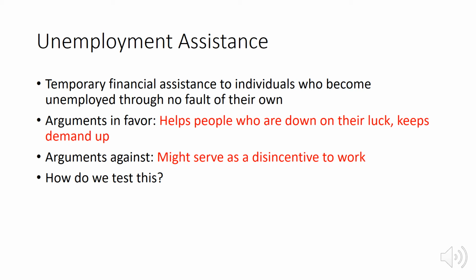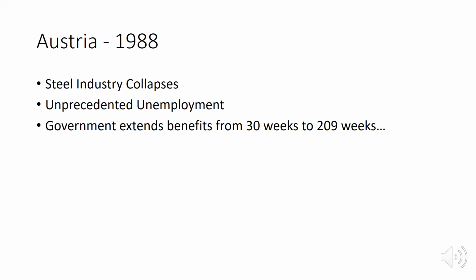Well, just like last week when the question, how might we test this, was always answered with an instrumental variable, today the question of how might we test this is always going to be answered with a regression discontinuity. Let's come up with an interesting discontinuity that might be a little less political to the rest of us. In 1988 in Austria, the steel industry collapsed.